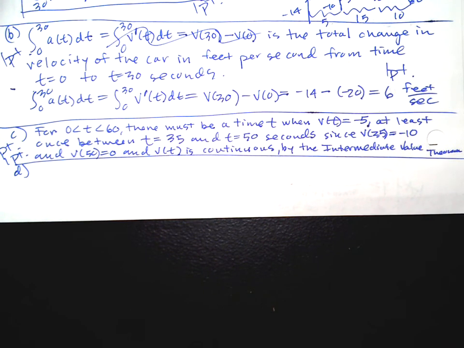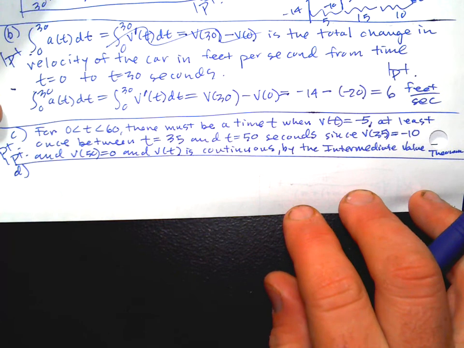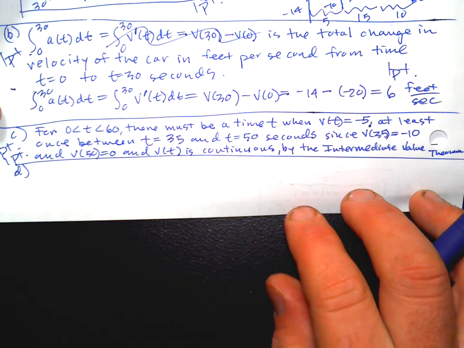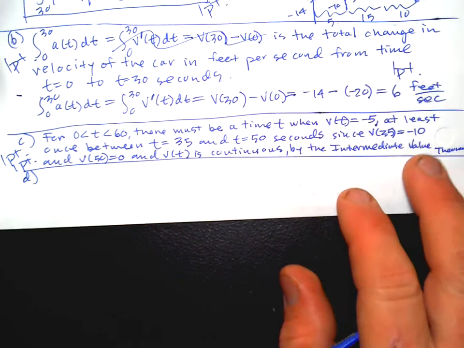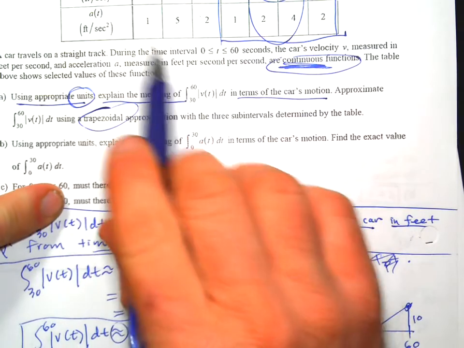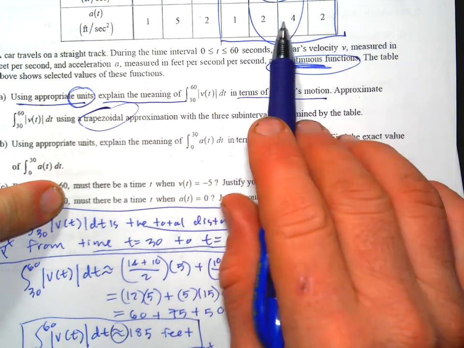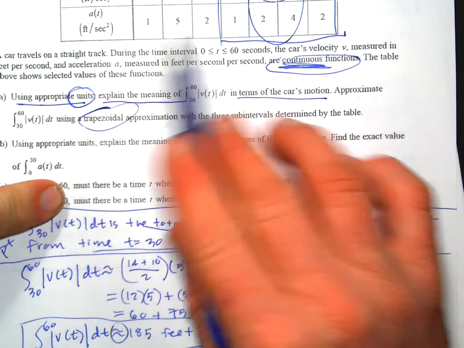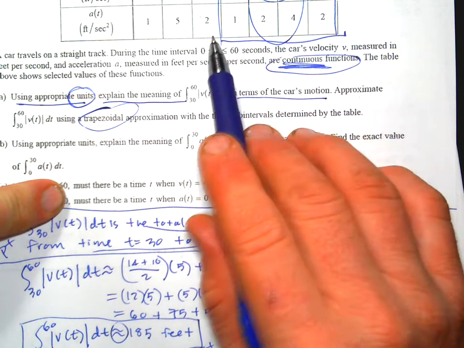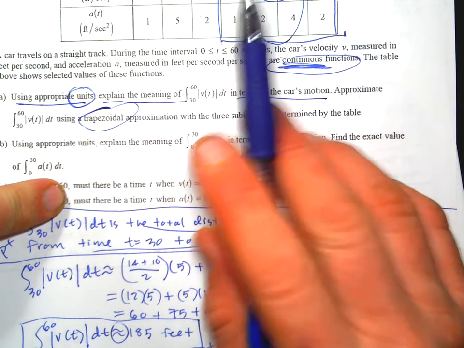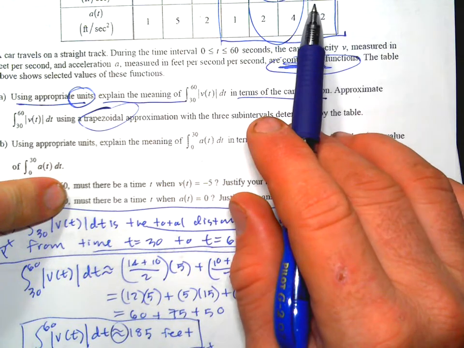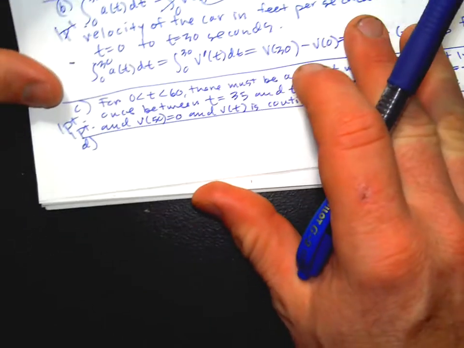Okay, so D says from 0 to 60, must there be a time where the acceleration equals 0? Now, our first easiest one to defend, the easiest one to explain is intermediate value theorem. Are there any negatives to positives here? No. That doesn't mean it doesn't go negative anymore. We just can't say for sure. So I think we have to rely on mean value theorem for derivatives.